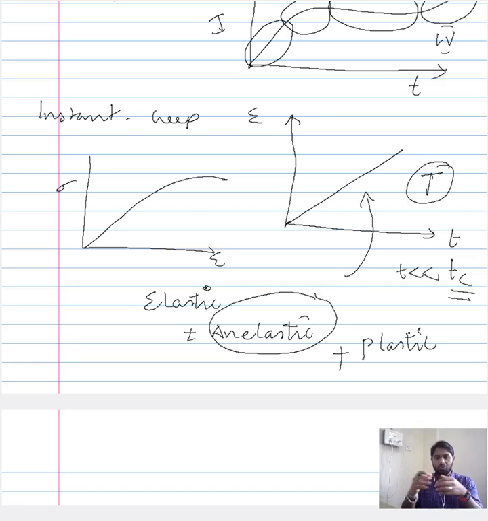So, you impose a load suddenly and the material responds. There are different ways these materials would respond, and all these collectively would contribute to the instantaneous creep.